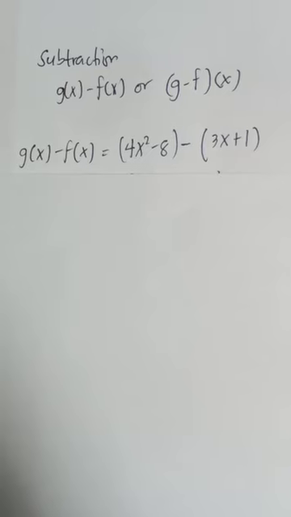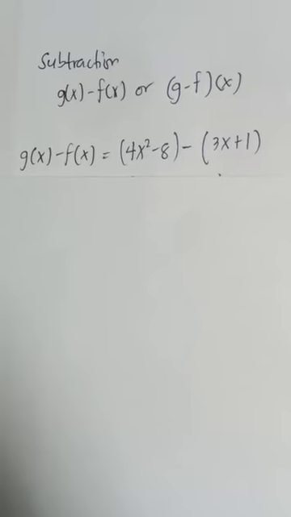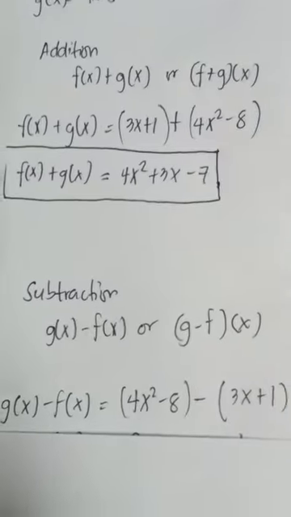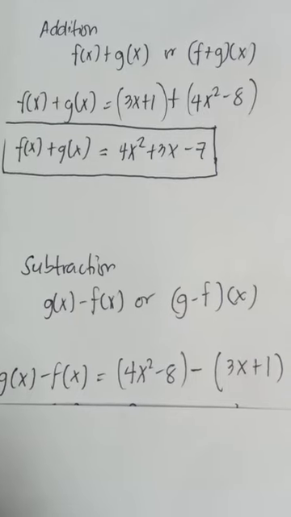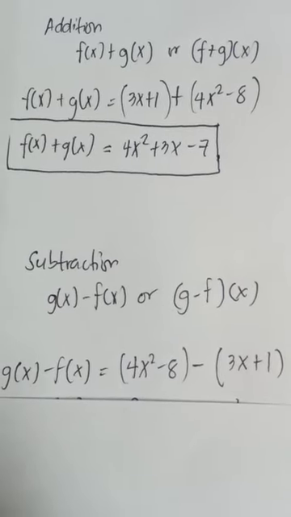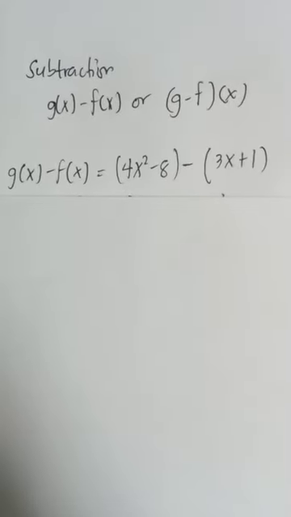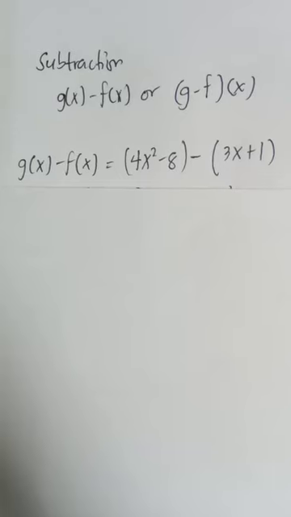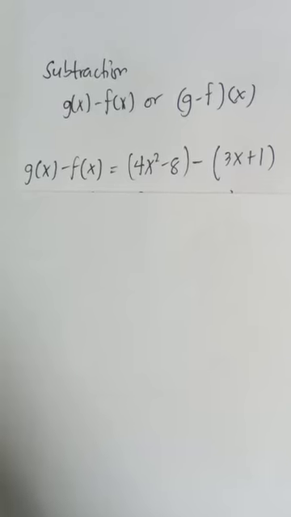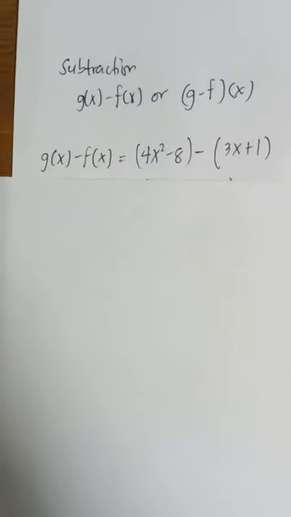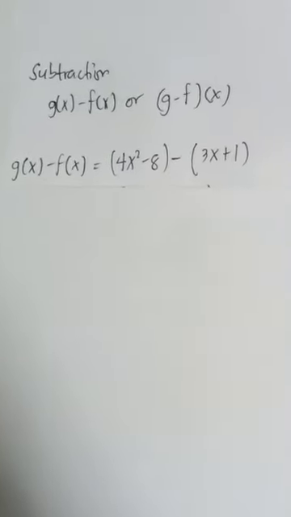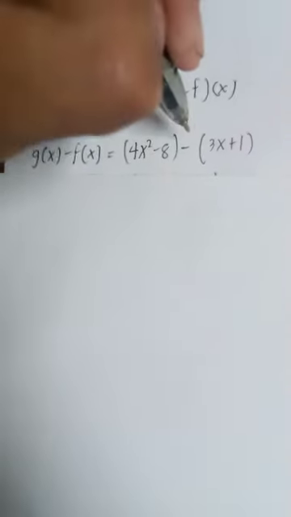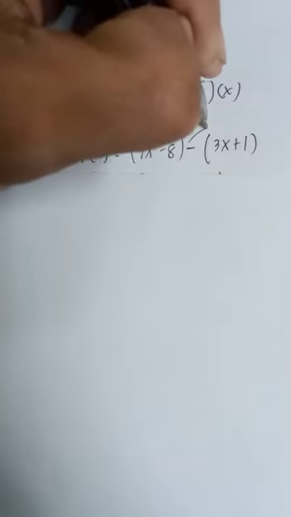Okay, after that one, you will not, like the addition, directly go to combining like terms. But here in subtraction, first distribute the negative sign, the minus sign. Just multiply it to its corresponding value sa iyang gilid. So how to distribute this one? Just multiply negative to this place.